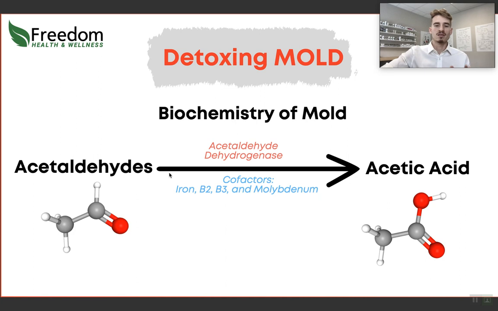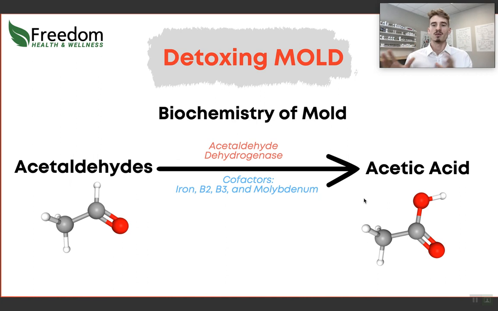So if we take acetaldehydes, our body uses acetaldehyde dehydrogenase, which is an enzyme, and it uses cofactors in order to turn this into acetic acid, which is essentially neutralized. Acetic acid then goes on to what's called the TCA cycle, and that's where we make a lot of ATP and energy within our mitochondria.